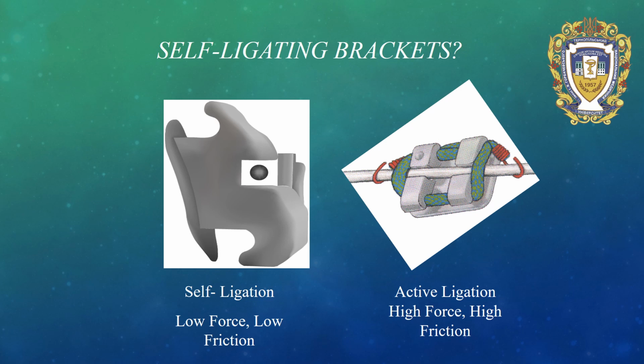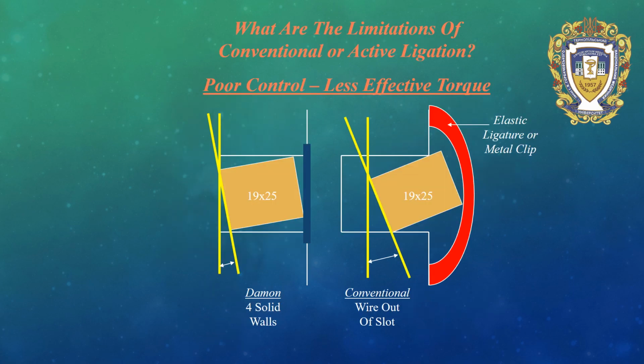But the most effective use of the properties of archwires we can get with self-ligating brackets. In self-ligating brackets, we will get low force and low friction, but with active ligation, we will get high force and high friction.